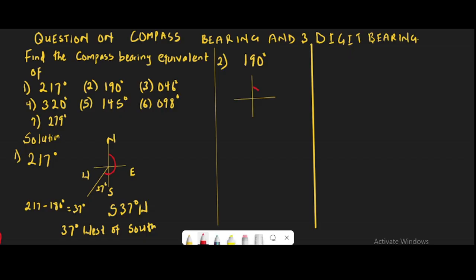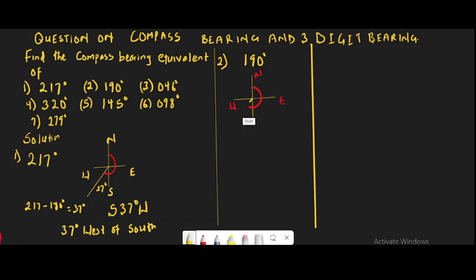We move clockwise from the north. Here is north, south, east, and west. Here is 180, so 190 will be in the third quadrant, something like this region.